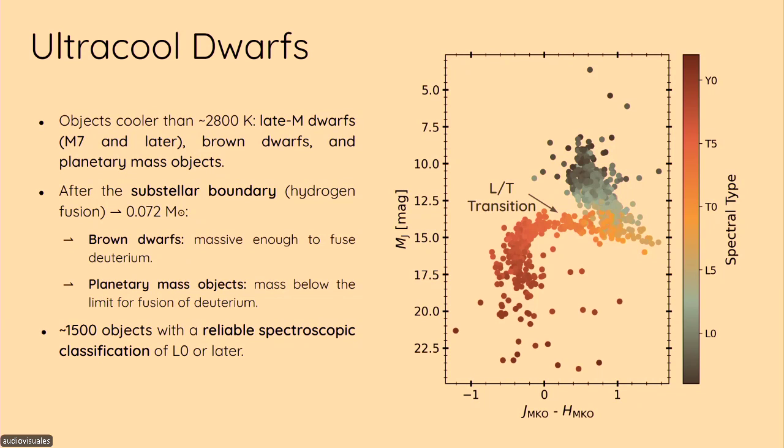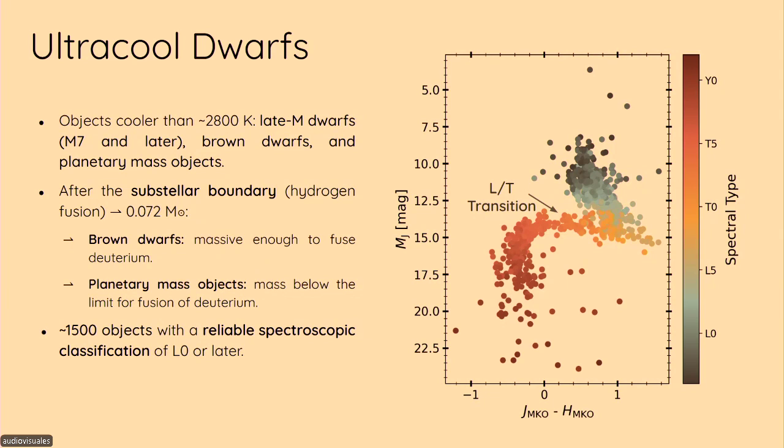And we can use these objects to build the HR diagram, but this time in the near infrared, okay? So in the figure we have now, in the y-axis, the absolute magnitude in the J band, and in the x-axis, we have the color between the J and the H near infrared bands.